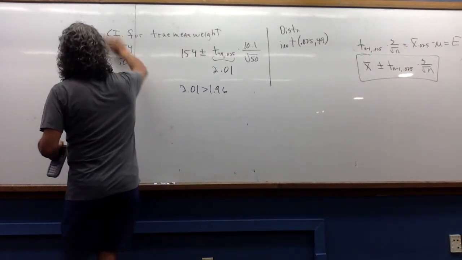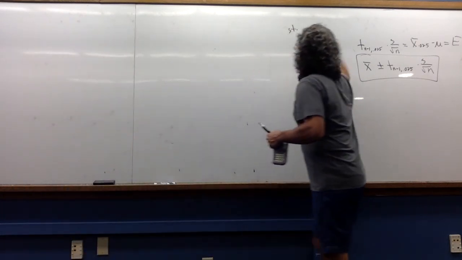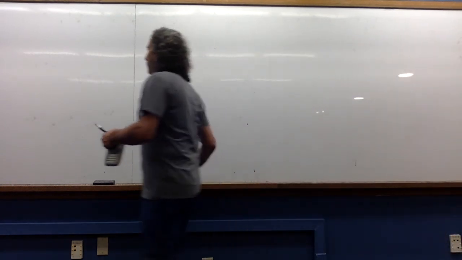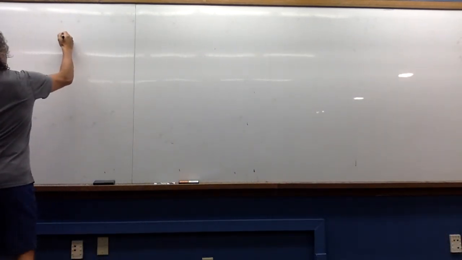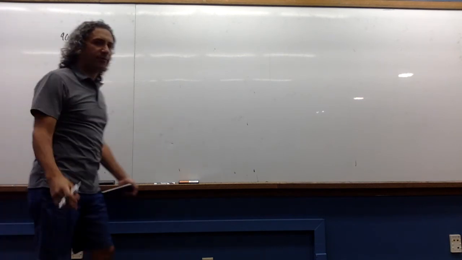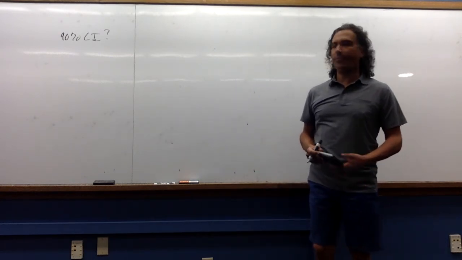As a final idea, we just did this with a 95% confidence interval. What if I wanted a 90% confidence interval? How much of the proof changes? Well, to keep things simpler, let me go back to the standard normal example.